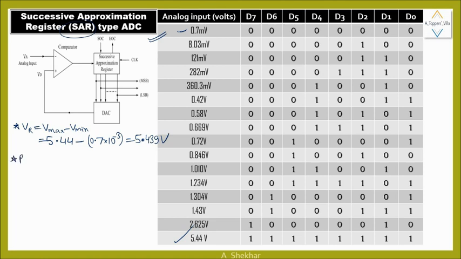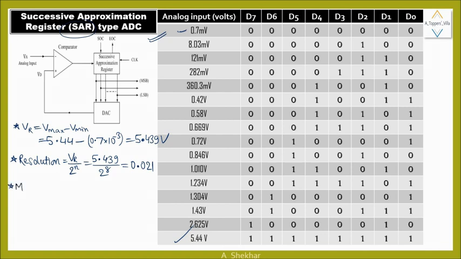Now you can calculate the resolution by using the same formula, VR upon 2 raised to power n. So VR here is 5.439 and the number of bits here was 8 bits. So 2 raised to power 8. So you'll get the value of resolution as 0.021.